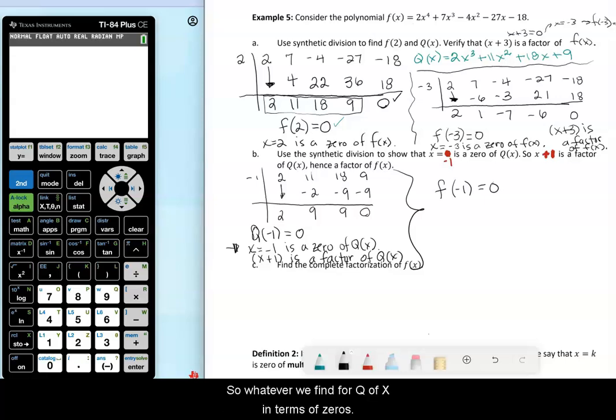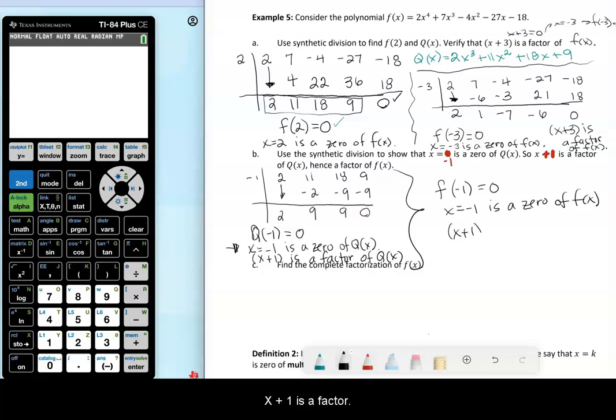So whatever we find for q of x in terms of zeros, they're also zeros for f of x. So f of -1 equals 0. X equals -1 is a 0 of f of x. And x plus 1 is a factor of f of x. That's what that factor theorem was all about when we started off this video.